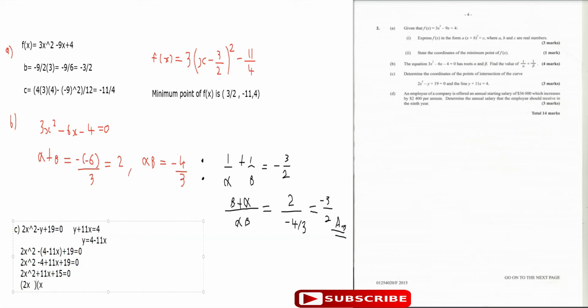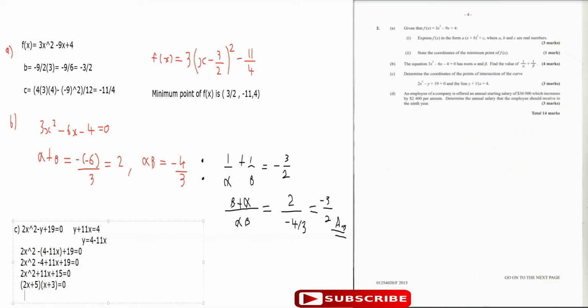And to get 15, it has to be, let's say, 5 and 3. 5 and 3 should work, but where do we put the 5 and where do we put the 3? If we put the 5 here and the 3 here, what's going to happen? Okay, this should work. Yes, this is how we factorize it. This times this gives us 2x squared. This gives us 6x, and this gives 5x, 11x. So this is now factorized.